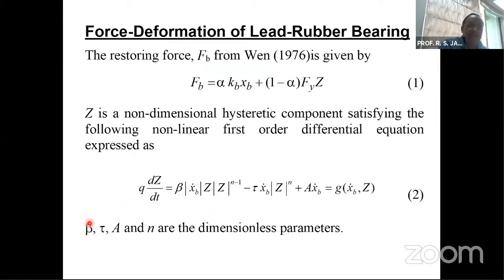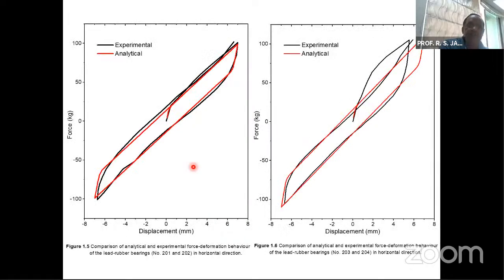There are several parameters like beta, tau, A, and N, and by appropriately selecting the values of these parameters, one can model various types of bilinear behaviors. This slide shows the experimental and analytical force deformation behavior of the lead rubber bearing, and one can see that there is a fairly good match between the two.